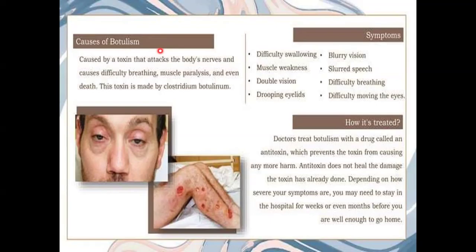That is the nerve conduction process. But in this case, acetylcholine release will be inhibited, and once that is inhibited, we're going to have muscle paralysis because you cannot move your muscle if there is no nerve conduction. Okay.